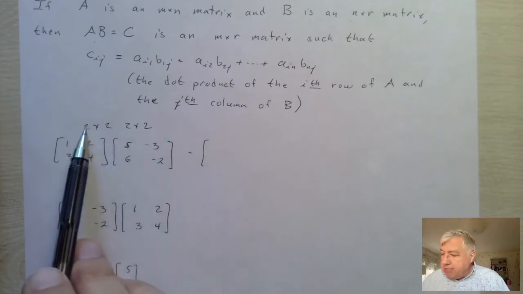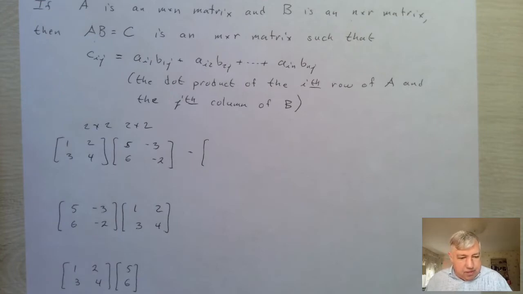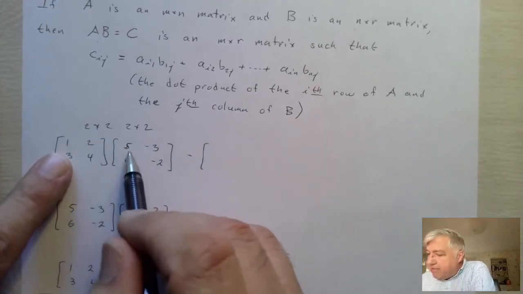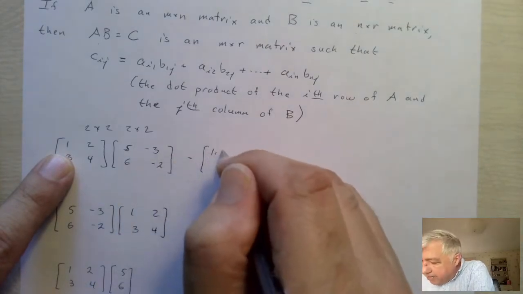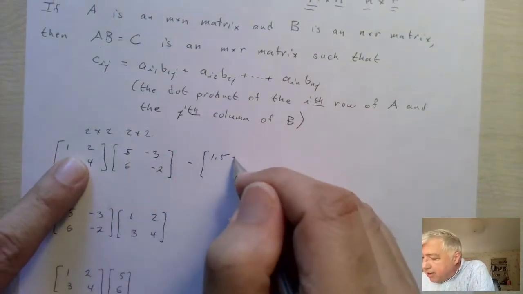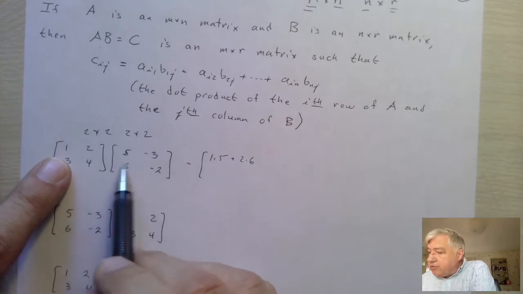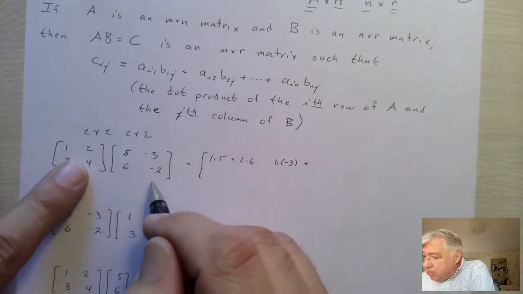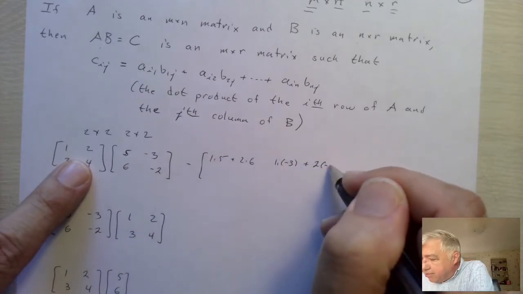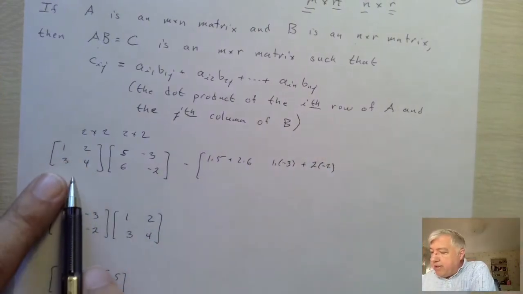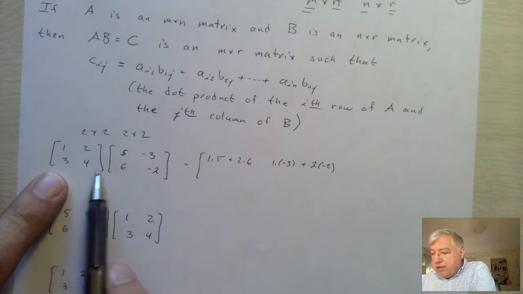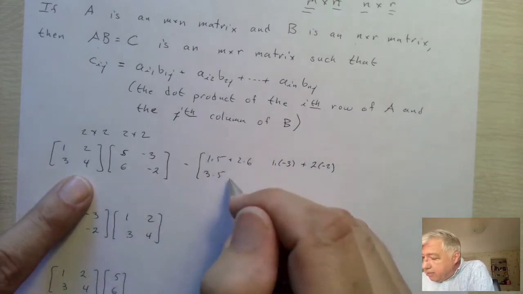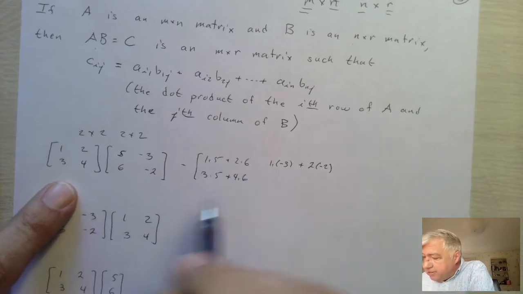The resulting matrix is going to also be 2 by 2. For the first row, first column, we get 1 times 5 plus 2 times 6. First row, second column, 1 times negative 3 plus 2 times negative 2. Now we go to the next one. Second row, first column, that's 3 times 5 plus 4 times 6.